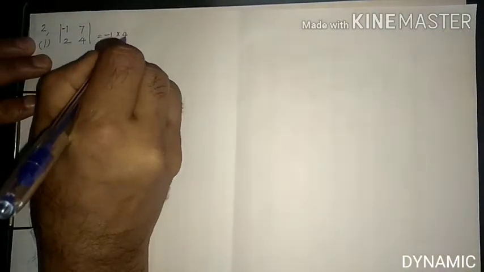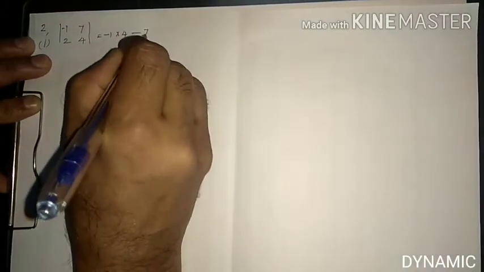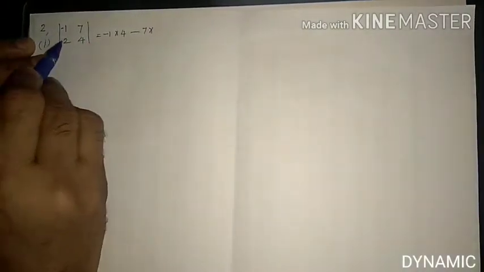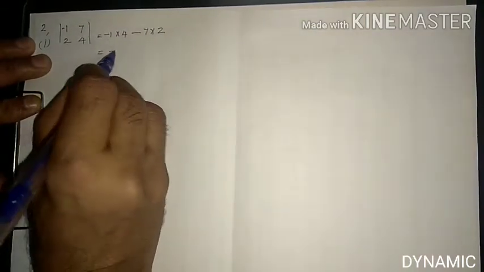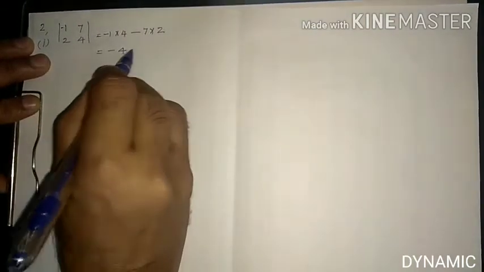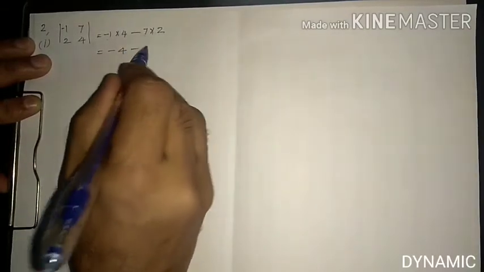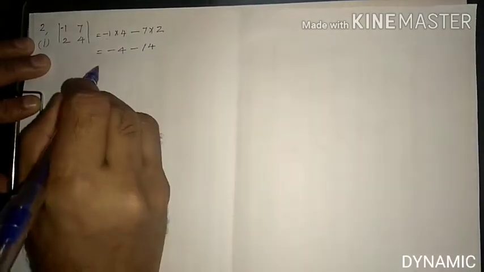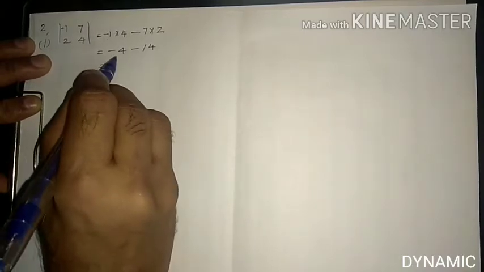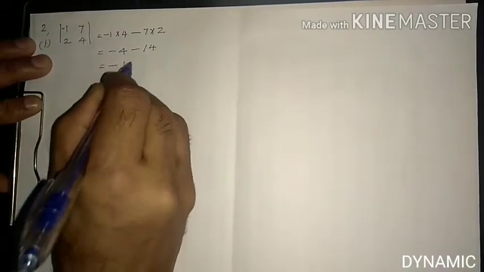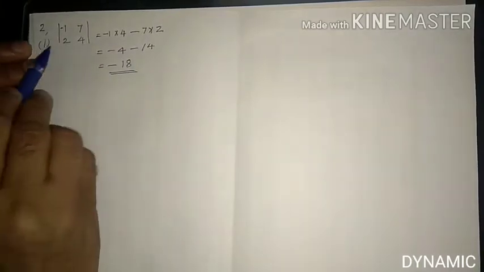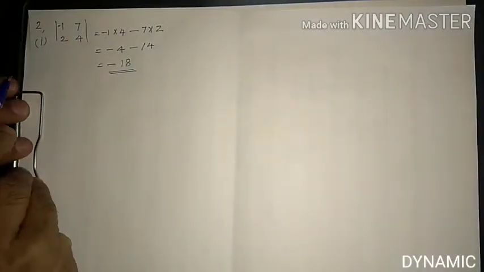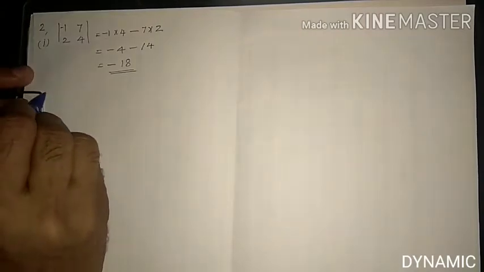Minus 1 into 4 minus 7 into 2. Minus 1 into 4 is minus 4, minus 7 twos are 14. Together this is minus 4 minus 14, which means minus 18. Same sign, 4 plus 14, 18. The value of the determinant is minus 18. Now I do the third one.